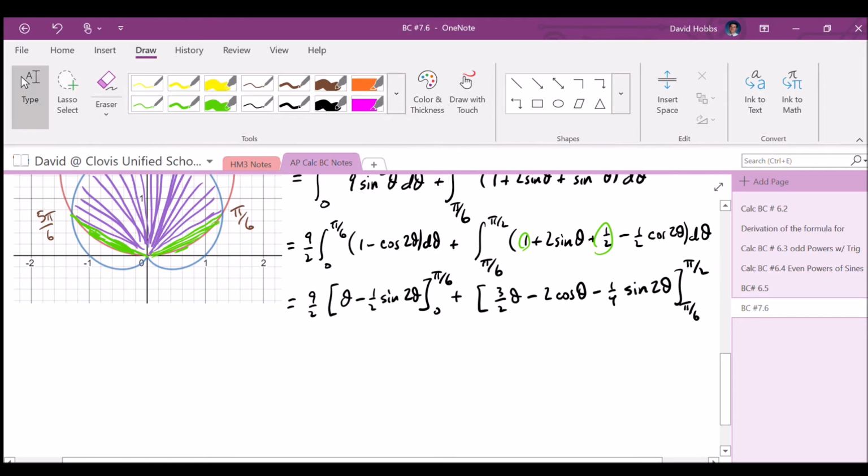Okay, so evaluating all that, we get, let's see, we have 9/2, and I would have pi over 6. Twice pi over 6 is pi over 3. Sine of that is root 3 over 2.